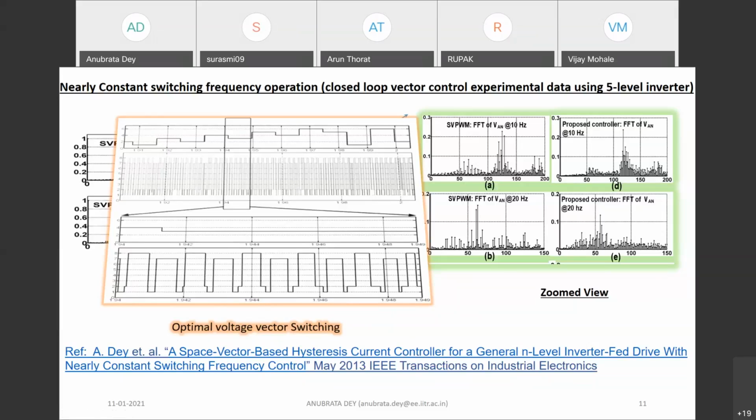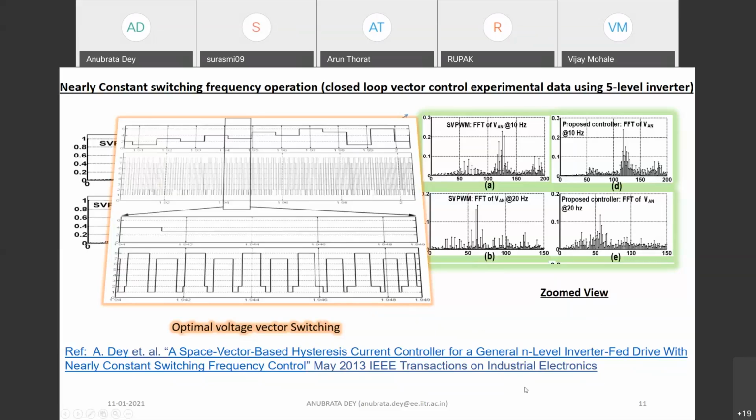If you look at the sequence of vector application in this current control, it is almost similar to the sequence of voltage controlled SVPWM. That says that you are able to switch the voltage vectors very optimally. So your current errors in the D and Q axis are not very spread out; they are controlled in a very controlled manner. These are a few good features available using this strategy.